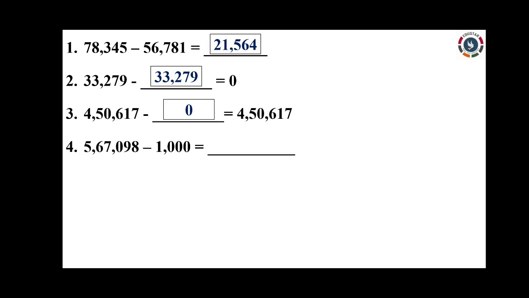Fourth question, 5,67,098 minus 1,000. When we subtract 1,000 from the given number, the thousands place digit decreases by 1. So the answer is 5,66,098.